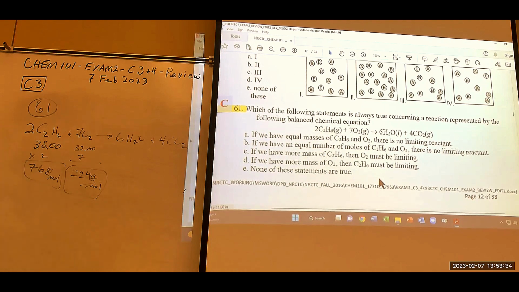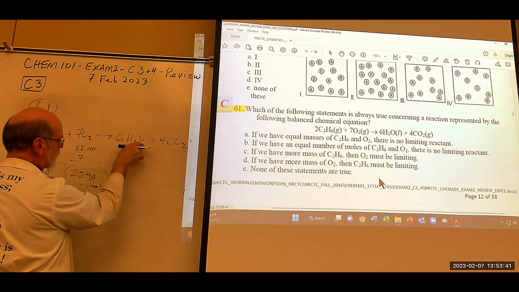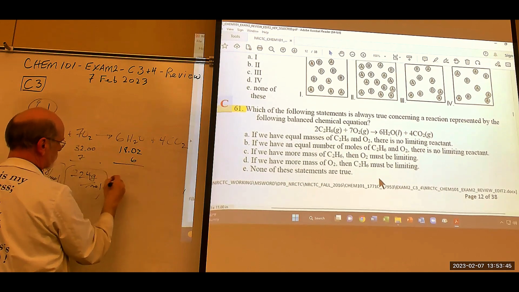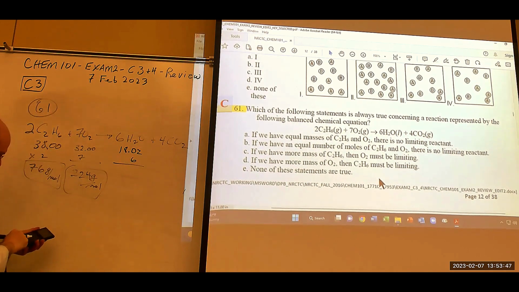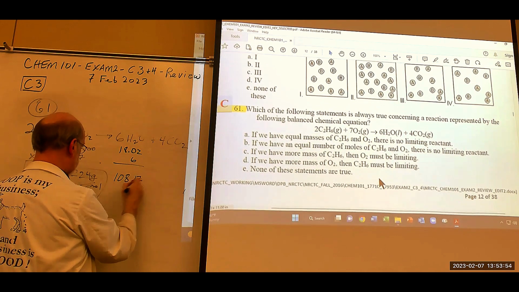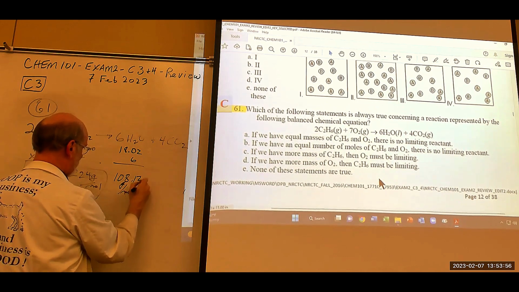Going to my private stash. Water is 18.02 for each one of these, times 6, 108.12 grams per mole.